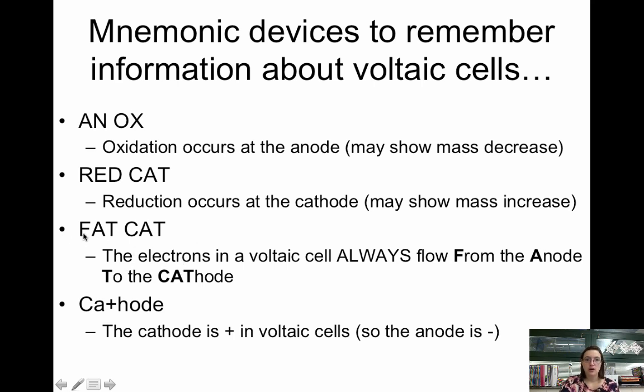Electrons flow from the anode to the cathode. And then you can remember cathode. The cathode is actually what is positive in voltaic cells because the T looks like a plus sign, which means the anode is negative. So these are just some ways for you to remember all of the different things about voltaic cells, and then in class we're actually going to look at writing half reactions and representing the voltaic cell.